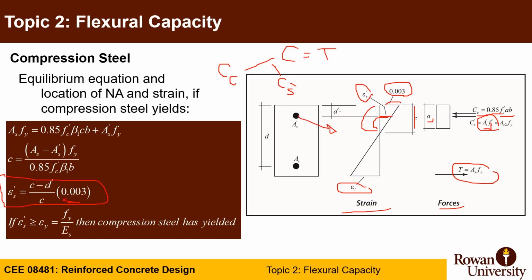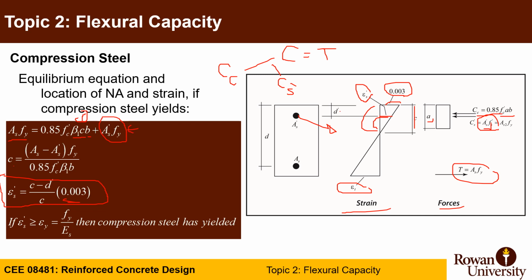In doing so, the C equals T equation will be: T is As fy, C is 0.85 f'c, instead of a you can also represent a by beta 1 c, and b as the width, plus As' fy, which is Cs', assuming fs' is yielded.